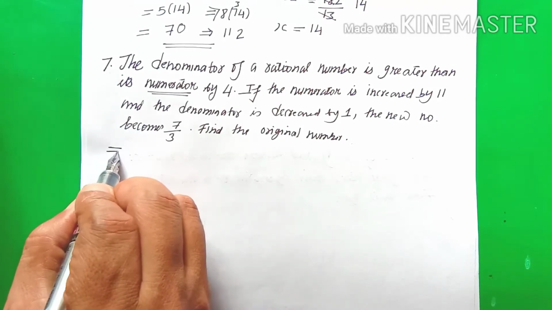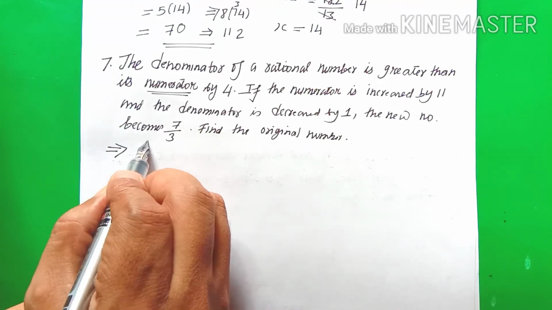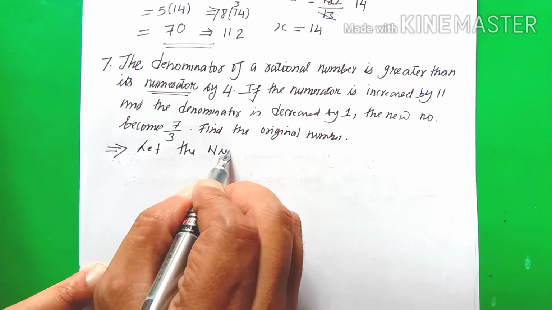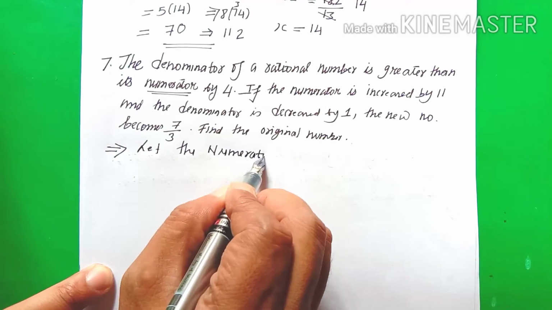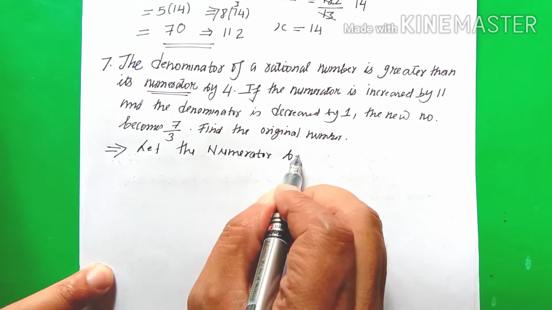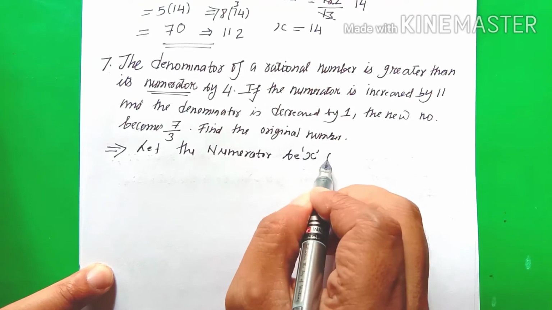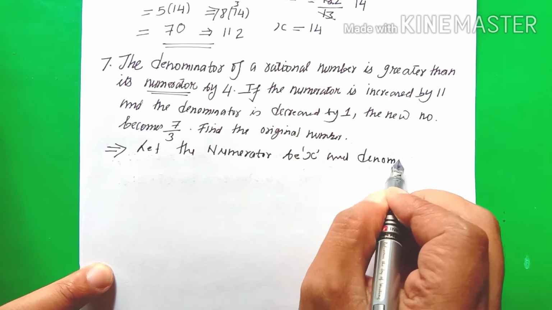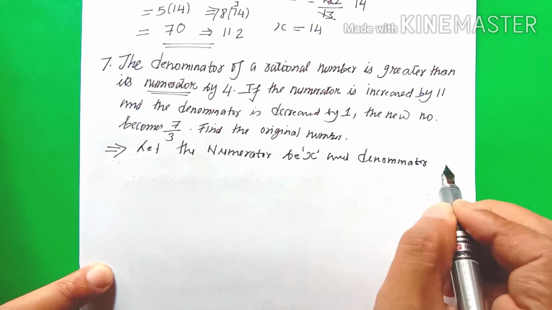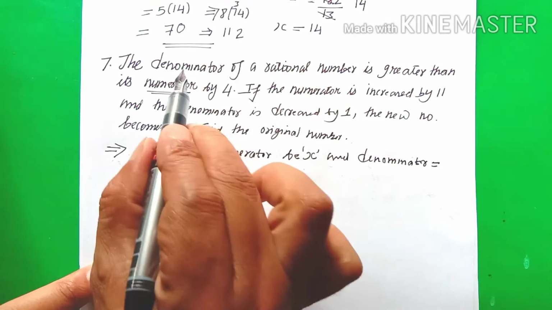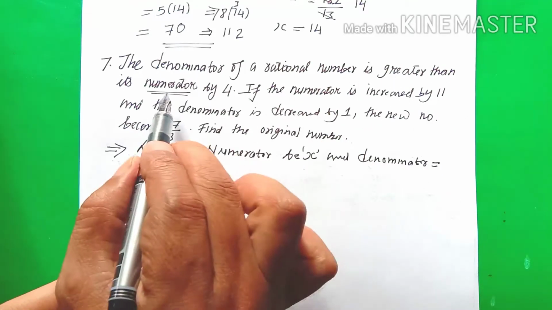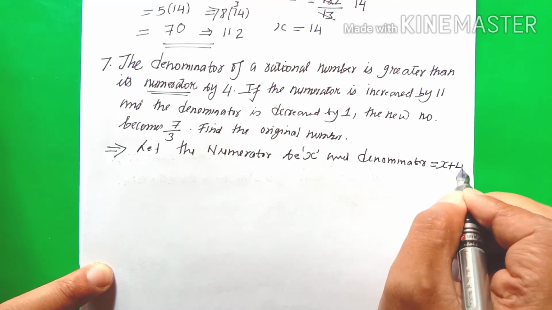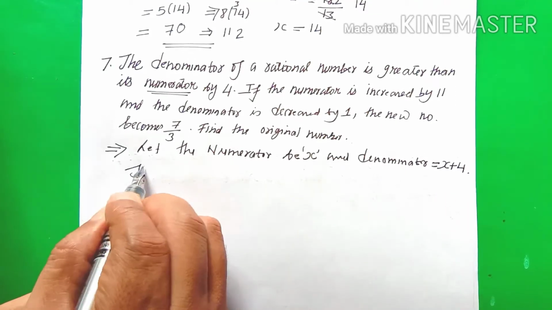So let the numerator of the fraction be x, and the denominator, which is greater than the numerator by 4, is x plus 4. With this you can form the fraction.